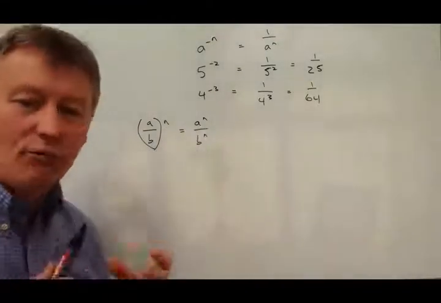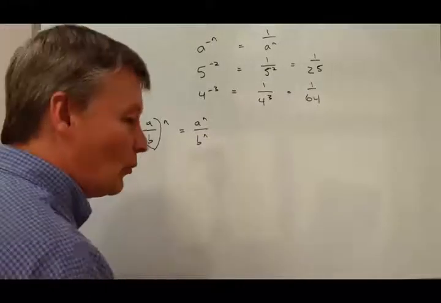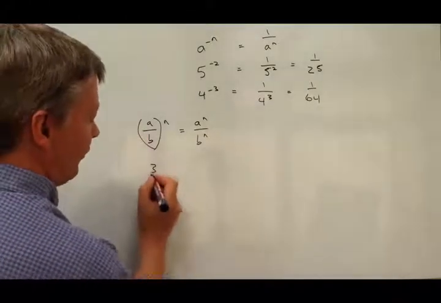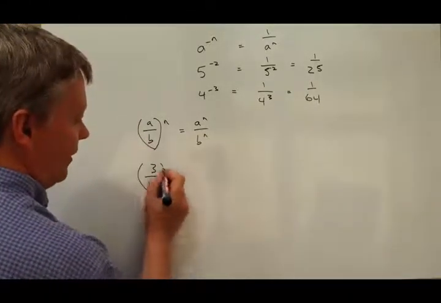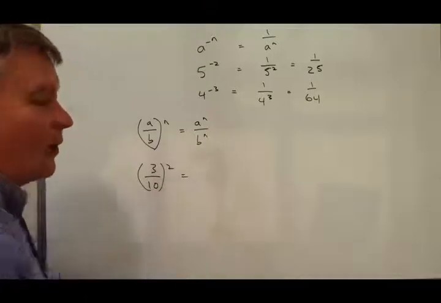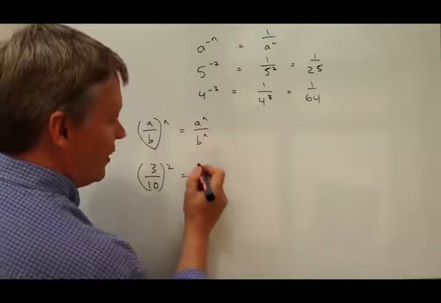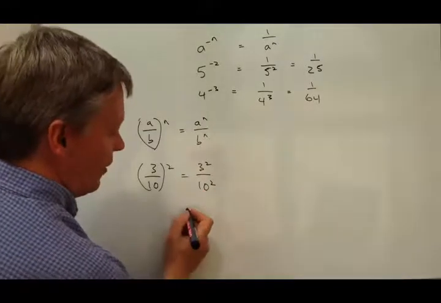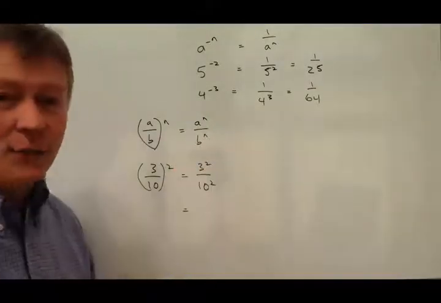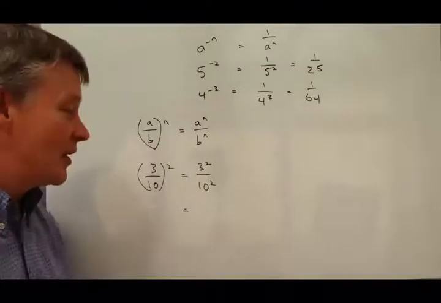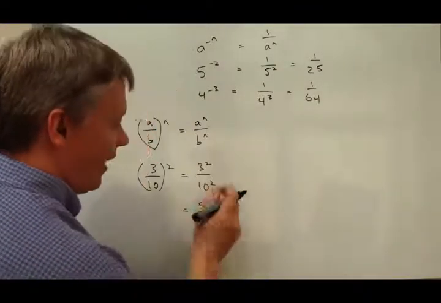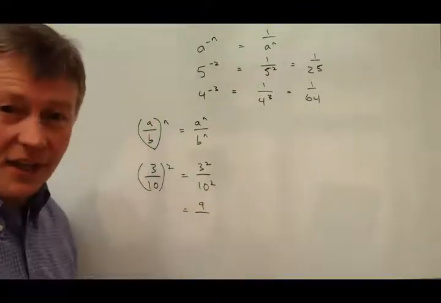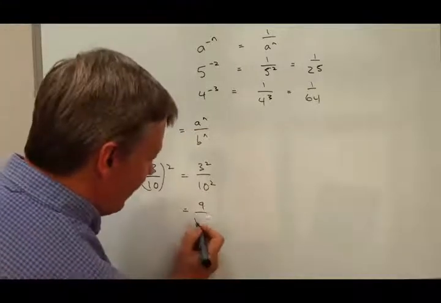So a practical example of that would be something like (3 over 10) all squared, which is the same as saying 3 squared divided by 10 squared, which is 3 times 3, which is 9, and 10 times 10, which is 100.